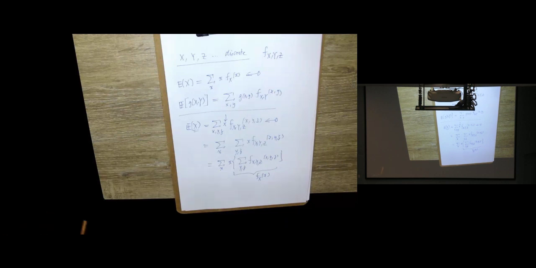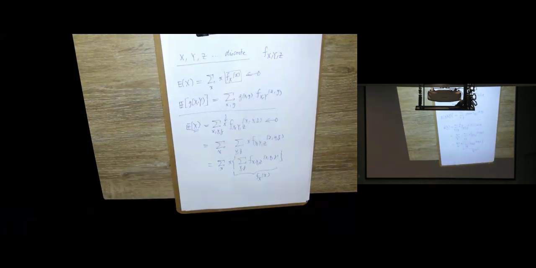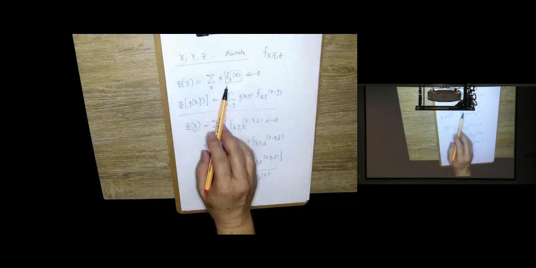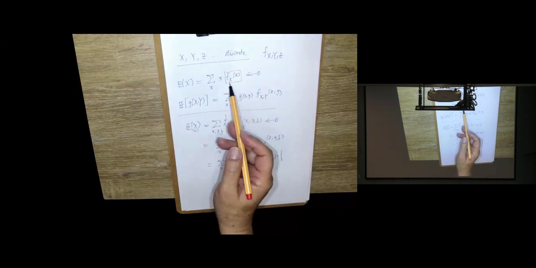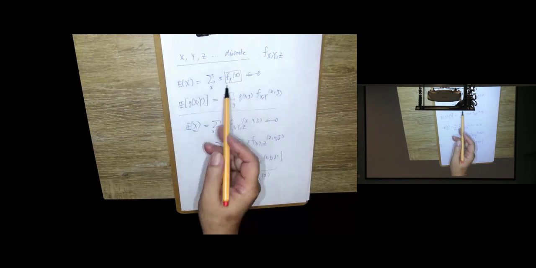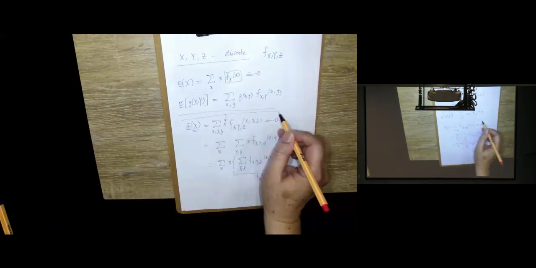Now, of course, it depends on how you proceed in the problem. If you are asked to find this one first, then you already have this on hand, and as a result, you can just apply this one directly. Now suppose you were not asked to give the marginal density function of x, but you are just asked right away for this.